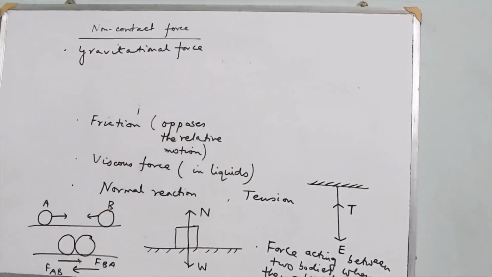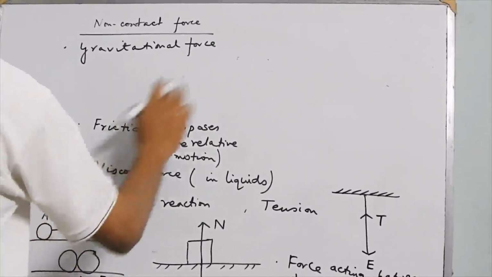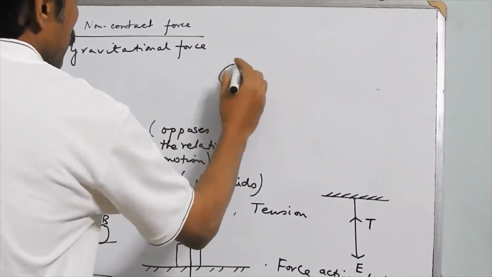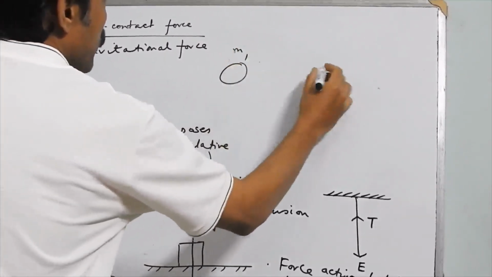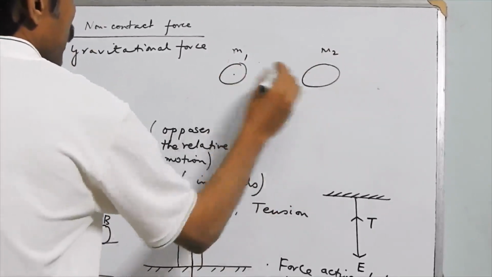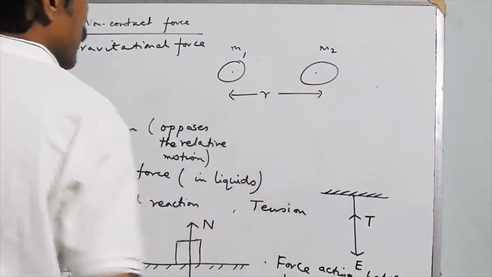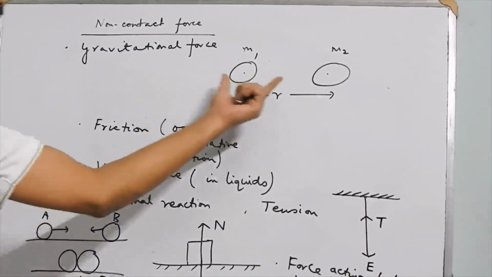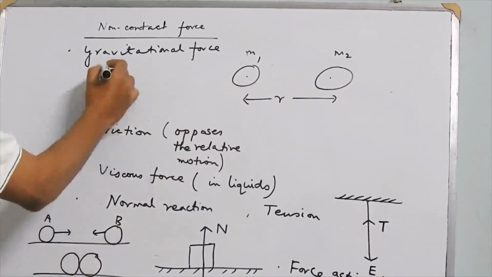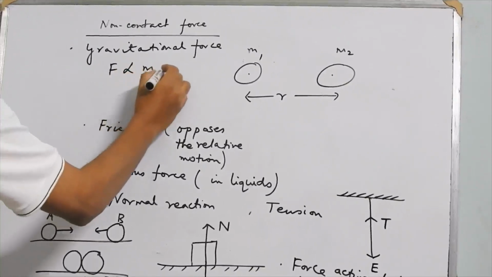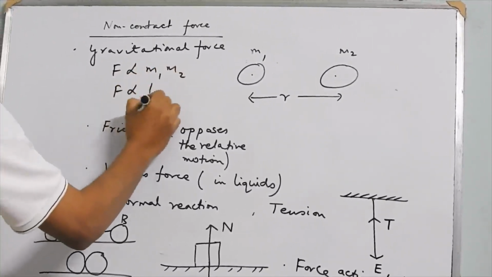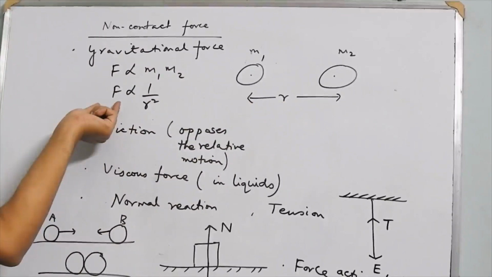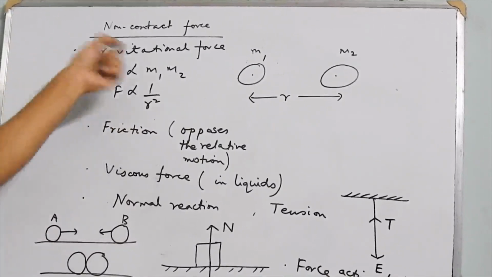We will discuss this in detail afterwards, but for the time being, suppose there are two bodies of masses m1 and m2 respectively, separated by a distance r apart. Then a force of gravitational attraction exists between this pair of bodies, and the gravitational pull is proportional to the product of the masses and inversely proportional to the square of the distance. So the more the distance of separation, the lesser the gravitational attractive force. Remember that it is always attractive in nature.